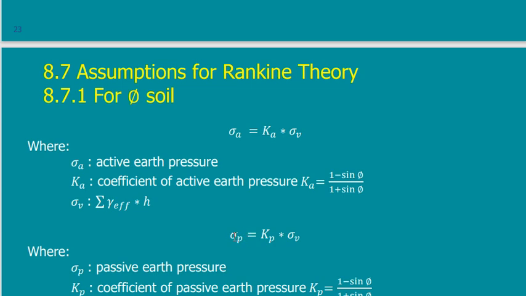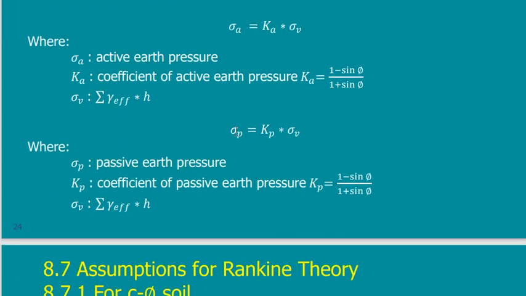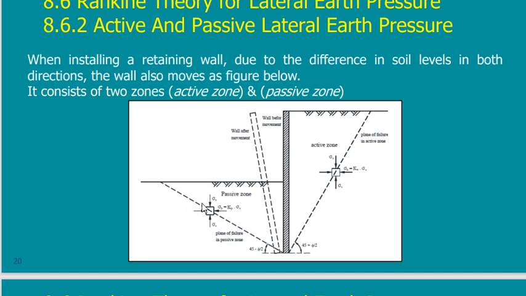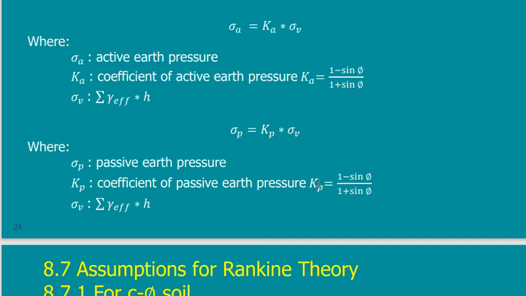The other equation is for passive. The equation for passive is sigma passive equal K passive multiplied by sigma vertical. This is sigma vertical. This is sigma passive. What is the value of K passive? Compare it to K active.